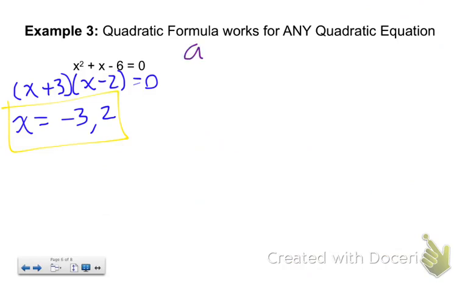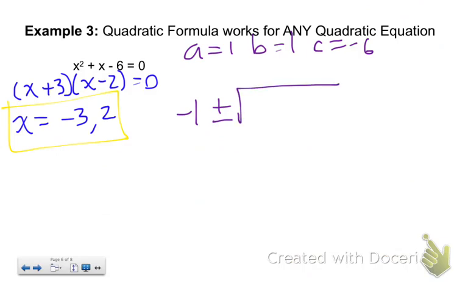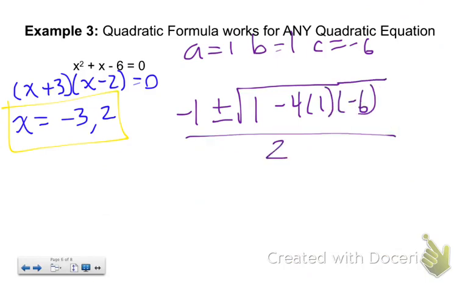So my a in this case is 1, my b is also 1, and my c is negative 6. So I get negative 1 plus or minus the square root. B squared is 1 minus 4 times 1 times negative 6, over 2 times 1 is 2. So negative 4 times negative 6 times 1 is positive 24. 1 plus 24 becomes 25. Square root of 25 is 5, or negative 5.